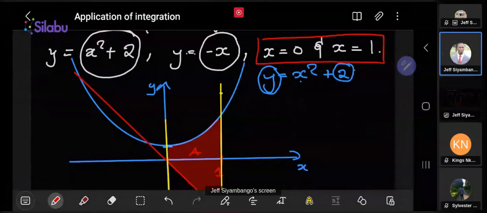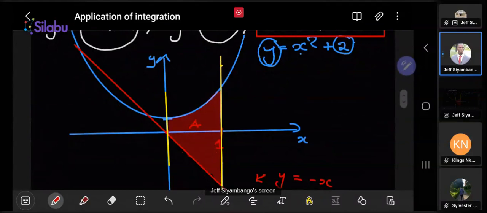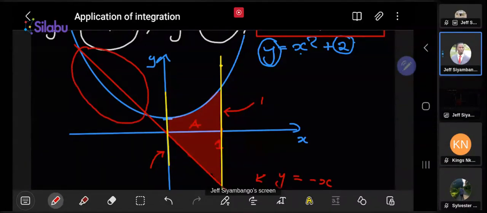Whatever the area is, it is controlled by this line, x equals 0, and it also has to be controlled by this one, x equals 1. Clearly, you can tell that this area here is not being controlled by those two portions. It's outside the portions.